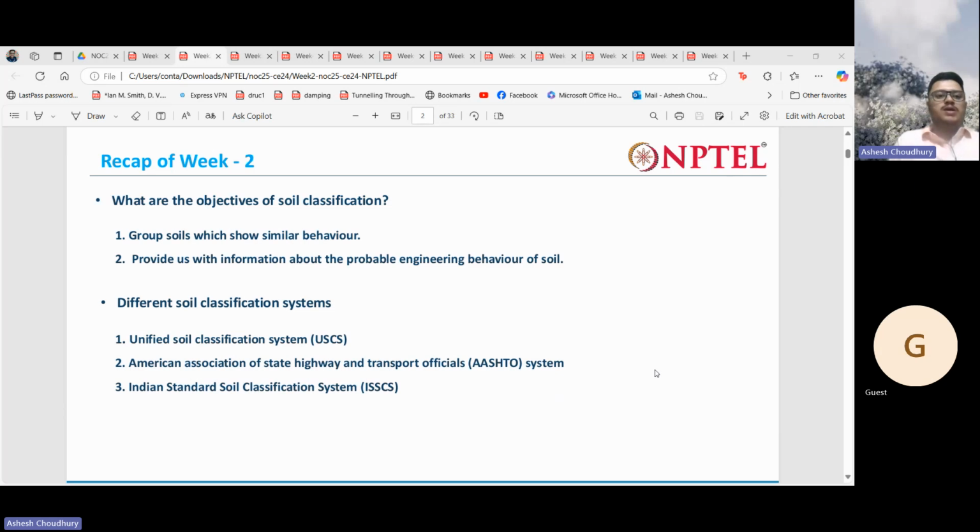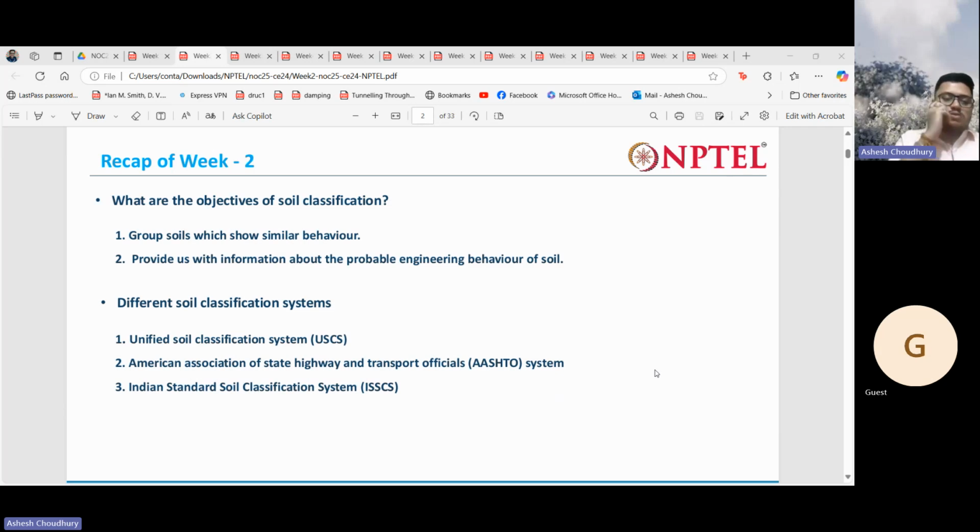The second week was all about soil classification. So we saw how we classify soil. First, we have to understand what the purpose of soil classification is. What is the objective of soil classification? To group soils which show similar behavior, that is the objective of soil classification.